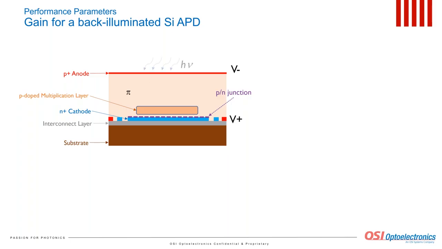Under illumination, the UV light is fully absorbed close to the top surface, and non-equilibrium carriers start drifting towards respective electrodes. Electrons, when reaching the multiplication layer, have enough energy to start the impact ionization, creating the avalanche.